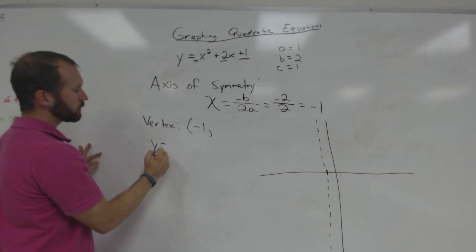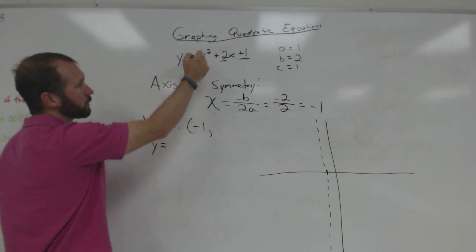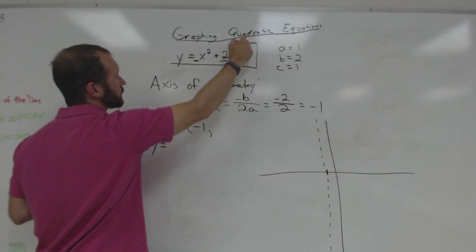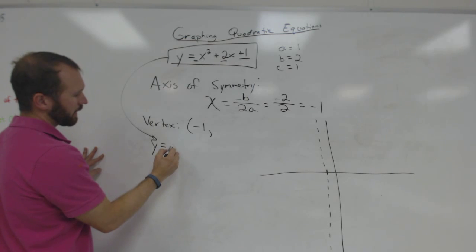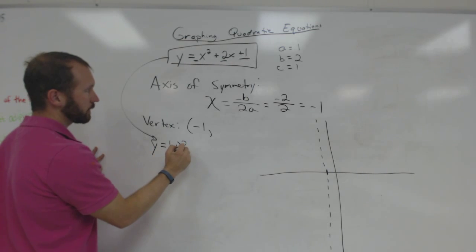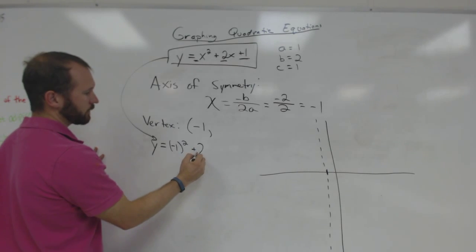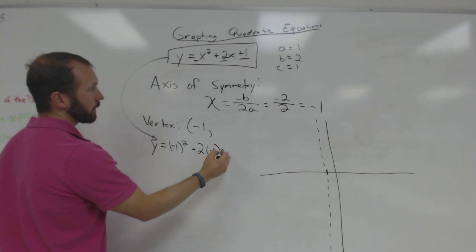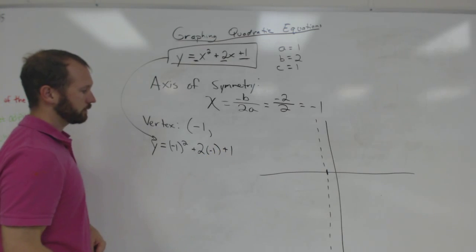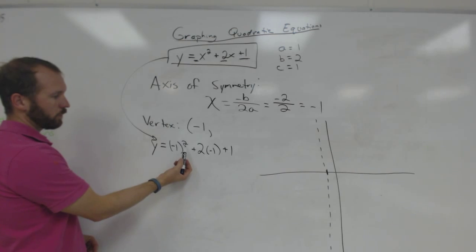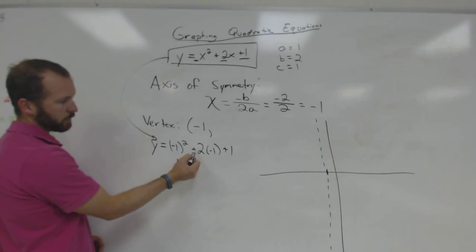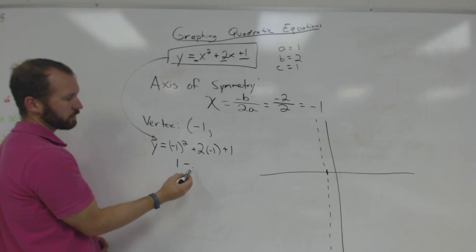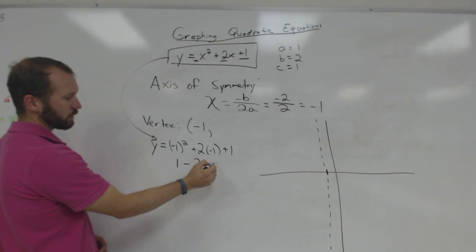So y equals, taking my negative 1 and plugging it into this equation. So instead of x squared, I have negative 1 squared. Instead of 2x, I have 2 times negative 1. Instead of 1, I have 1. Negative 1 squared is 1 minus, because a positive times a negative is a negative, 2 plus 1.